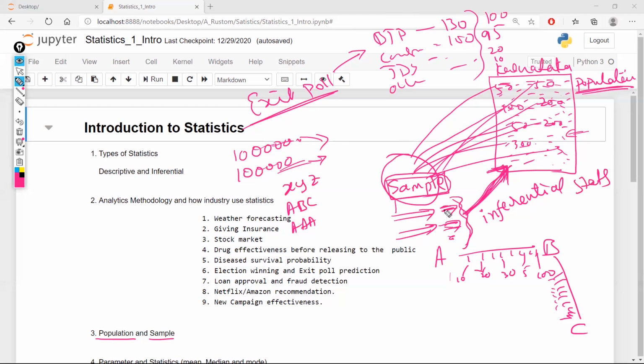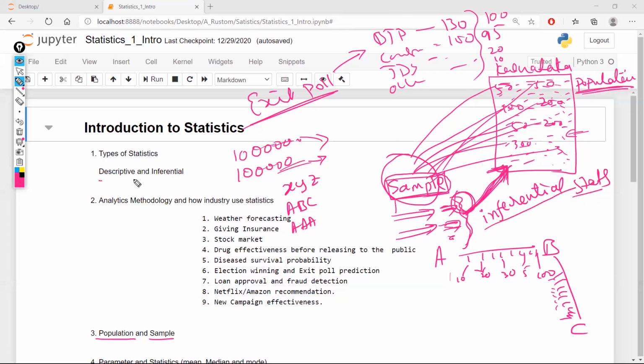Here I'm not going to call it a randomly picked people's opinion. I'm going to refer to it, I'm inferencing, that this opinion is basically a population opinion. That is inferential statistics.